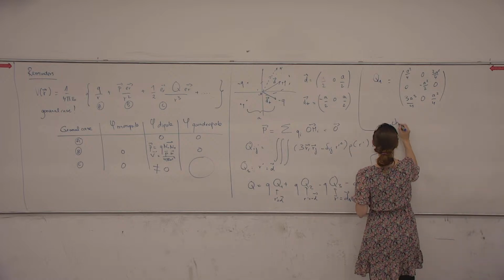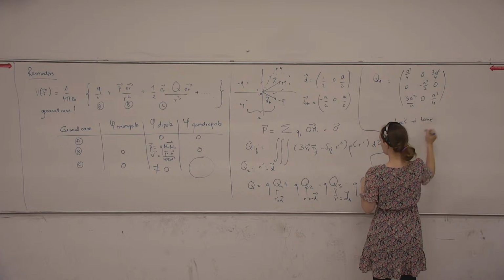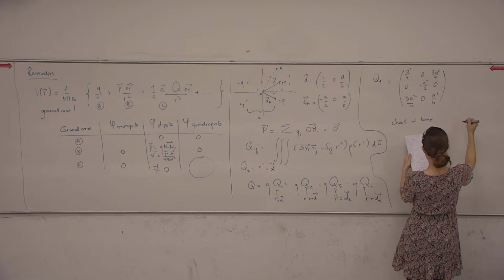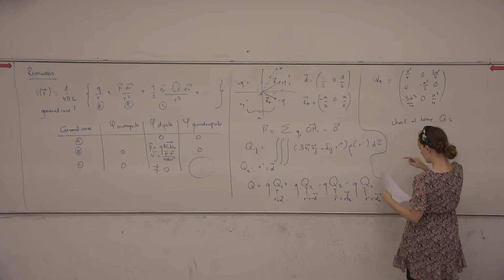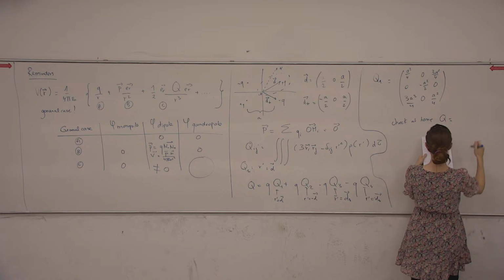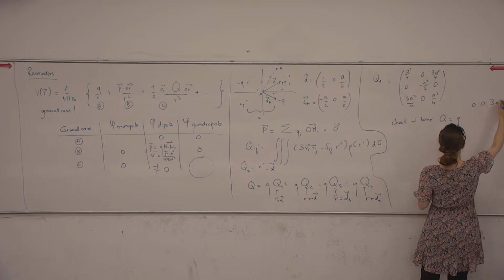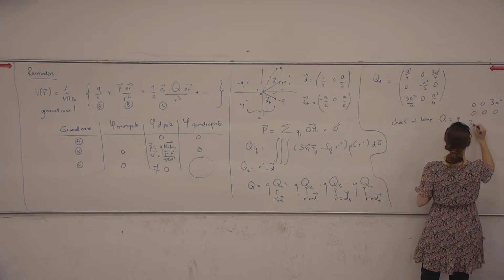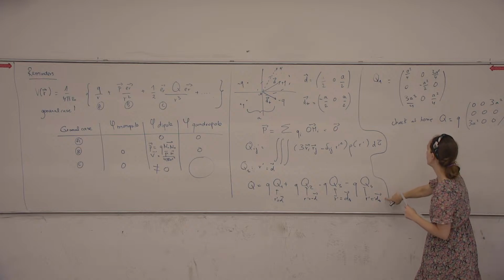And I will let you check at home that if you do this for each of the terms, you will get that the total Q, which is this sum, is equal to 0, 0, 3a squared, 0, 0, 0, 3a squared, 0, 0. Okay, this is this sum.